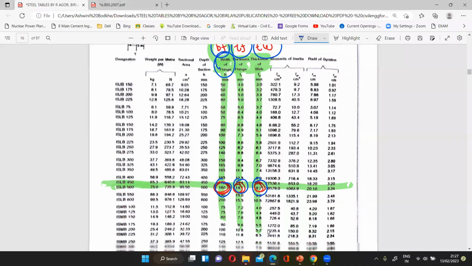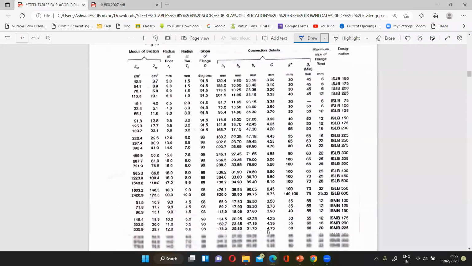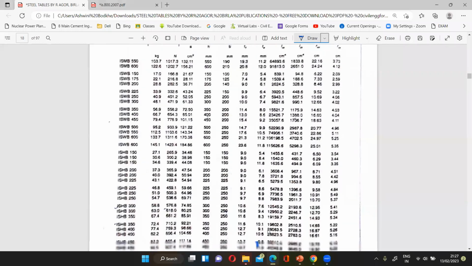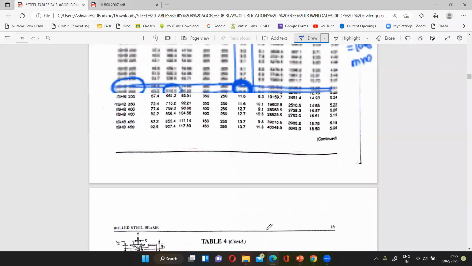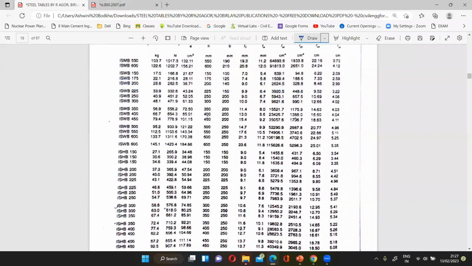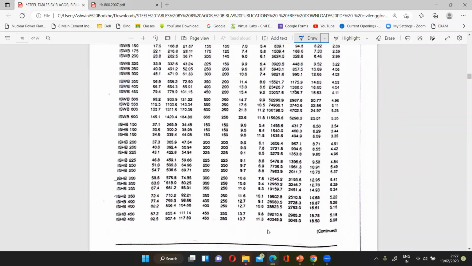Here is ISLB series, that is Indian Standard Lightweight Beam, then wide beam, then heavy beam. Here are heavy beams, ISHB 300. Where is ISHB 300? Here. There are two ISHB 300. Weight is 630 Newton per meter is given.